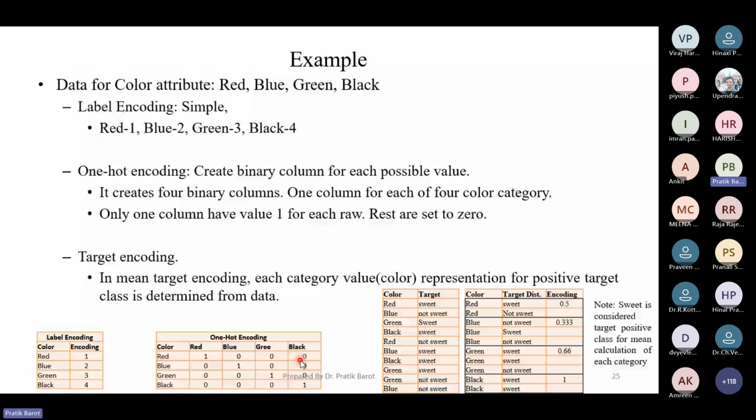This one-hot encoding is very useful in machine learning because it increases the performance drastically. In case of target encoding, the encoding depends on the target variable. As we can see here in the data set, I have different features, different tuples, and the target value is also seen here.